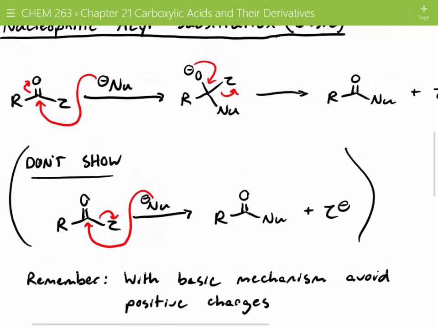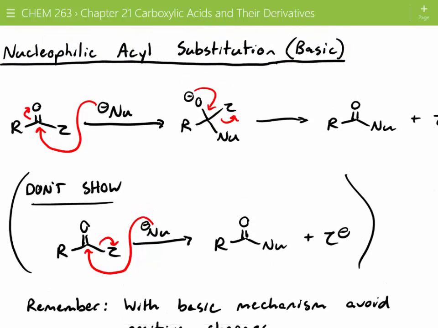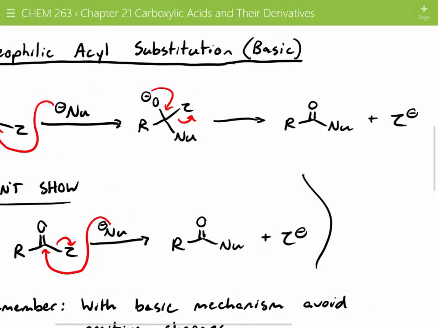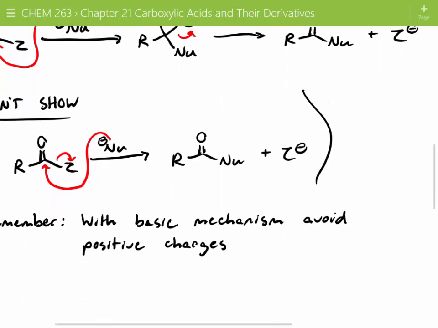So when we look at this mechanism, it's nice and simple. The nucleophile adds in, it's negatively charged, your oxygen has a negative charge, and at the end you end with the negative charge. We need to make sure that we keep track of this, especially when we switch into acidic mechanisms, because in the acidic mechanism, we don't want to show negative charges. We only want to see positive charges.